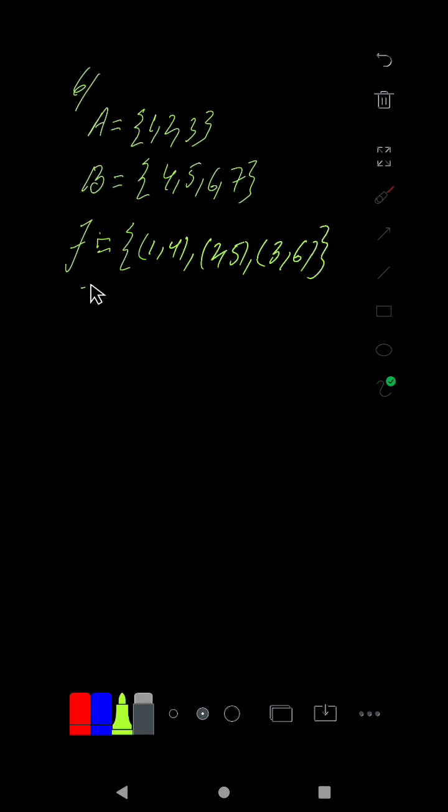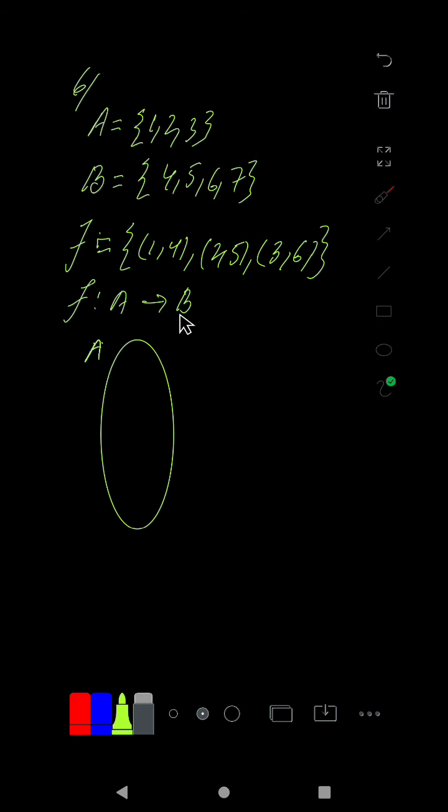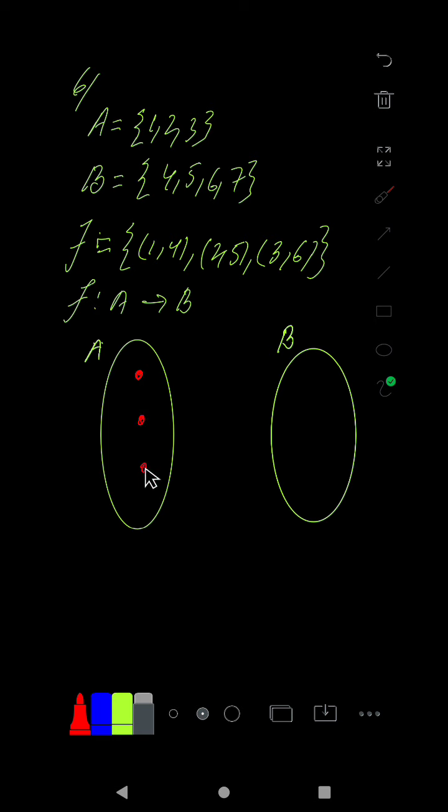And F is defined from A to B. We need to prove that F is a one-one function. This is domain A, and suppose this is codomain B. There are three elements in A, that is 1, 2 and 3.